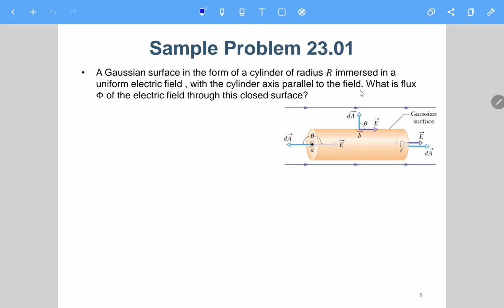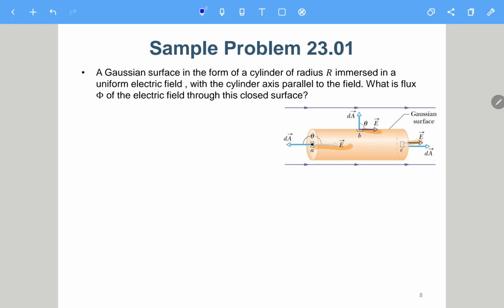It asks you what is the flux. I think it should be the net flux of the electric field through this closed surface. Here it tells you that the field is uniform, pointing to the right side.